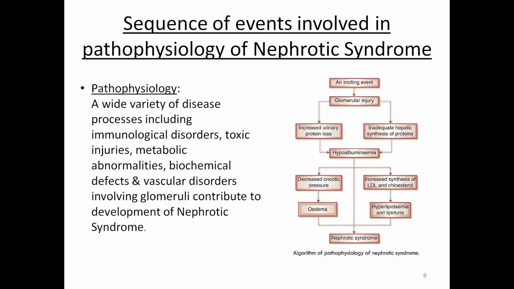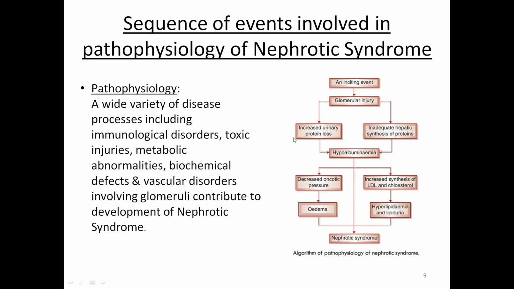So what are the events that lead to occurrence of nephrotic syndrome? There are a wide variety of disease processes like immunological disorders, toxic injuries, metabolic abnormalities, biochemical defects, and vascular disorders which involve the glomeruli, and they contribute to development of nephrotic syndrome. Just have a look at this flow chart. An inciting event will lead to glomerular injury.